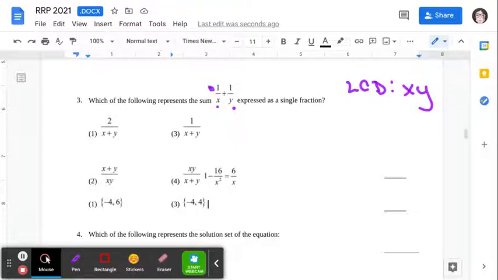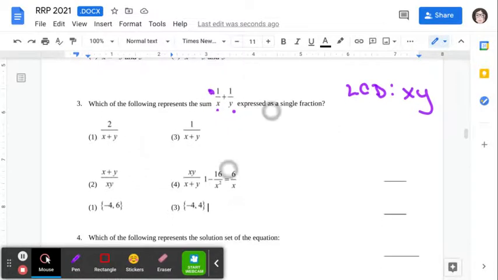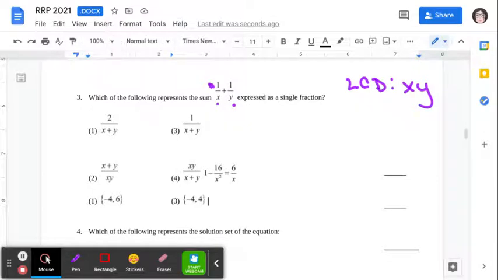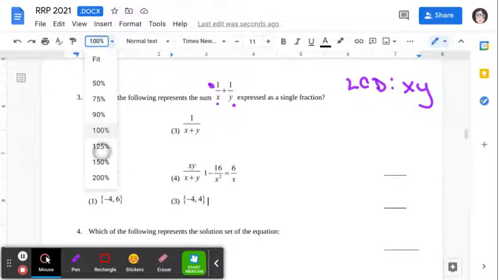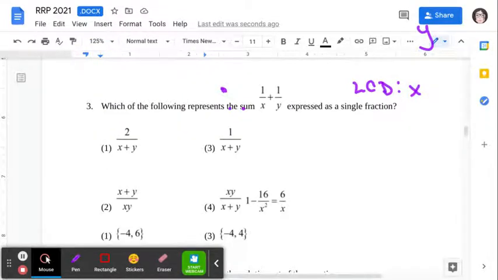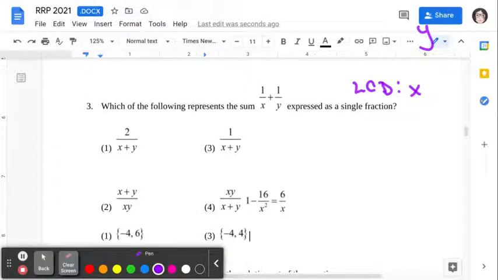Let me zoom this in a little bit if I can. I'm working with a Word document today, so it's not ideal. So our LCD is xy, so that means I have to multiply this first fraction by y and the second fraction by x.